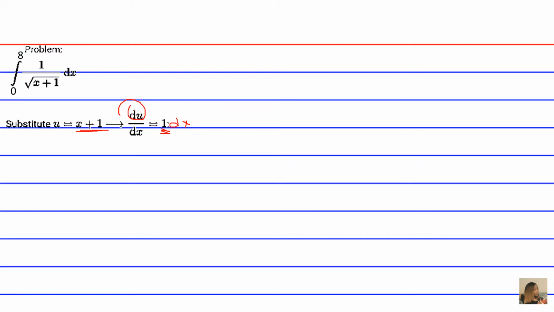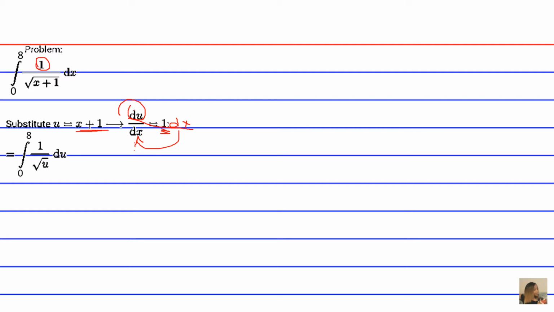So if you had the dx written over here originally, this is du. Du is equal to 1 dx. You can just bring the dx over and allow du dx equals 1 because this is what we have essentially in our problem, okay?